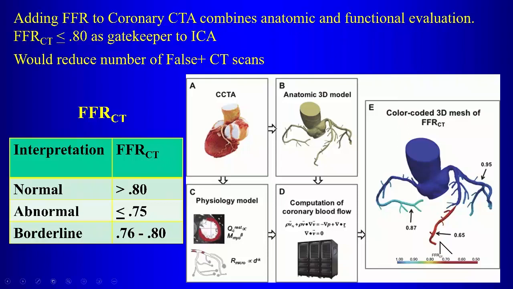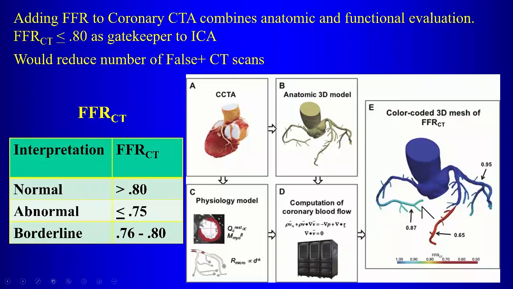And what's in red here is not good. Okay, so the color coding will identify the areas where the fractional flow reserve is below a particular cutoff value, 0.7 in this case, or 0.8 or 0.75. So it's considered abnormal if it's less than or equal to 0.75, and that can be color coded in red.